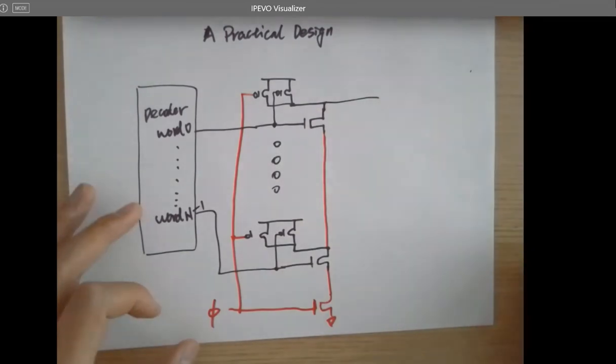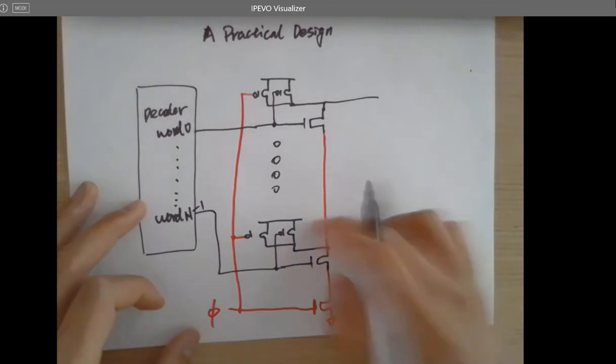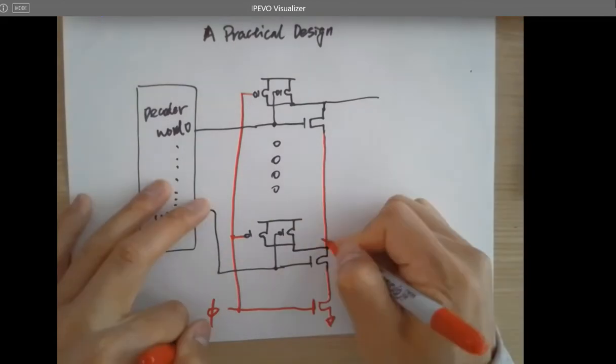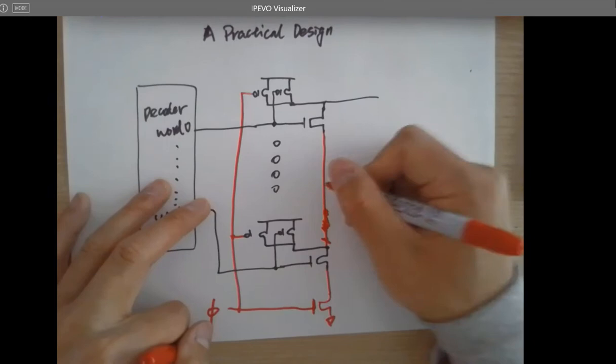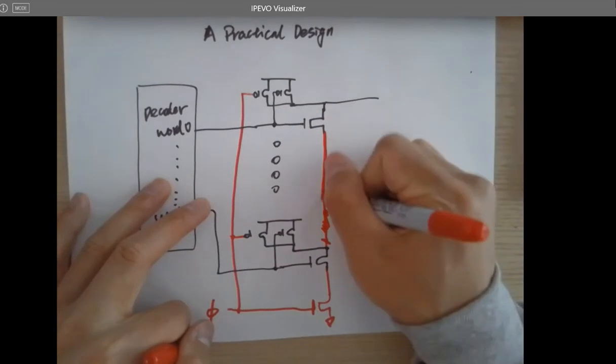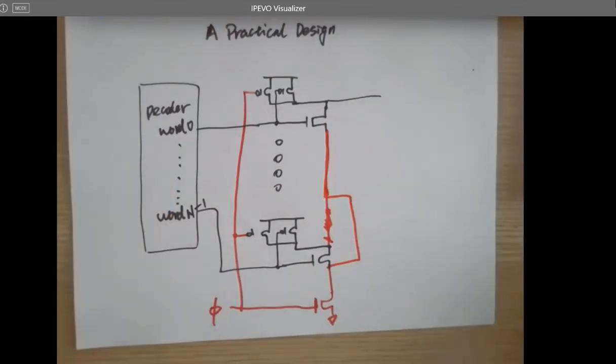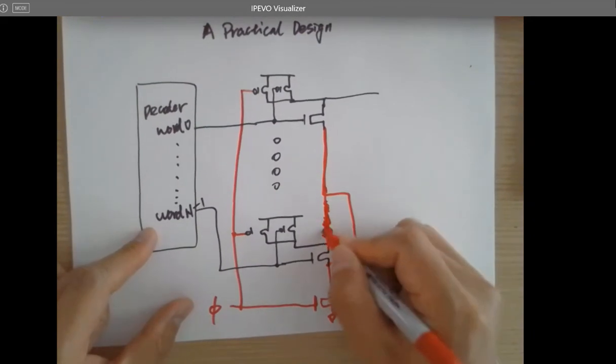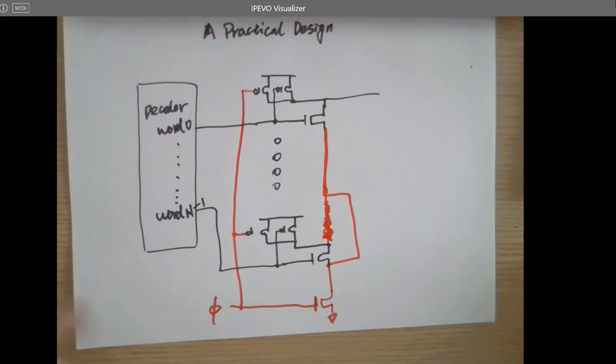Wait, do we need to short all these ones together? Not the drain, sorry. The source. Not here. The drains are independent for each cell. Right? Is that making sense?